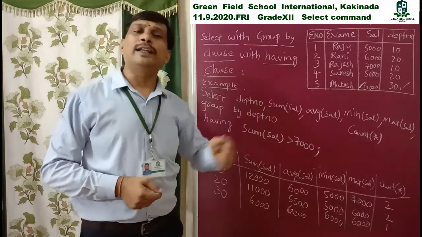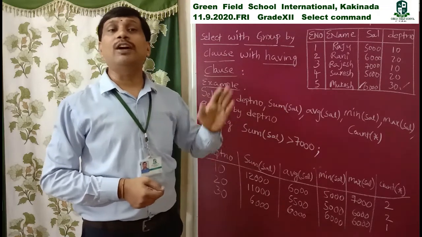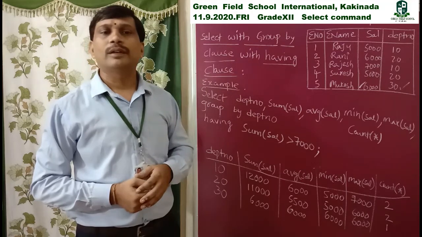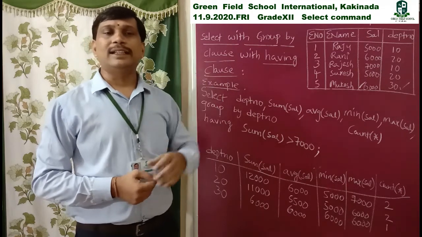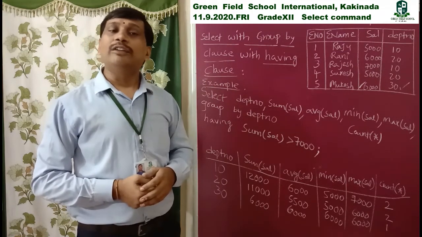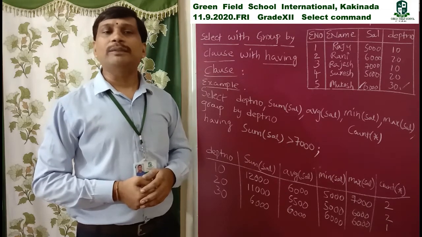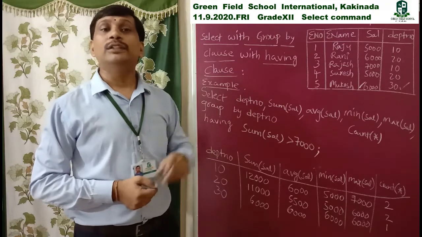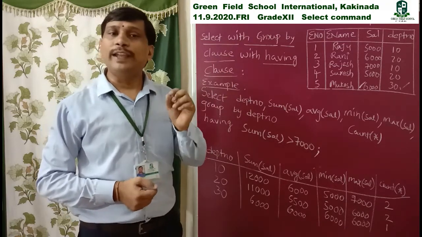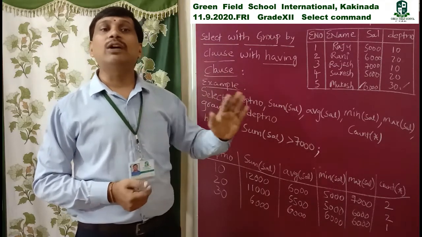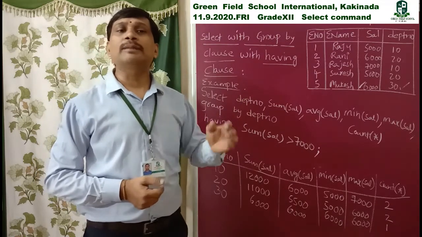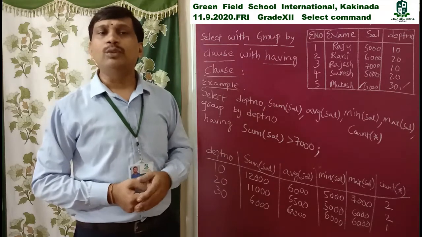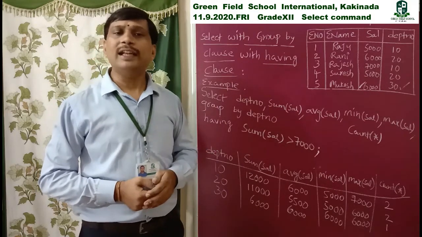Without grouping, when we are not applying any grouping, we filter data, we retrieve data from the table by using the SELECT command without a grouping column. Then we go for the WHERE clause.